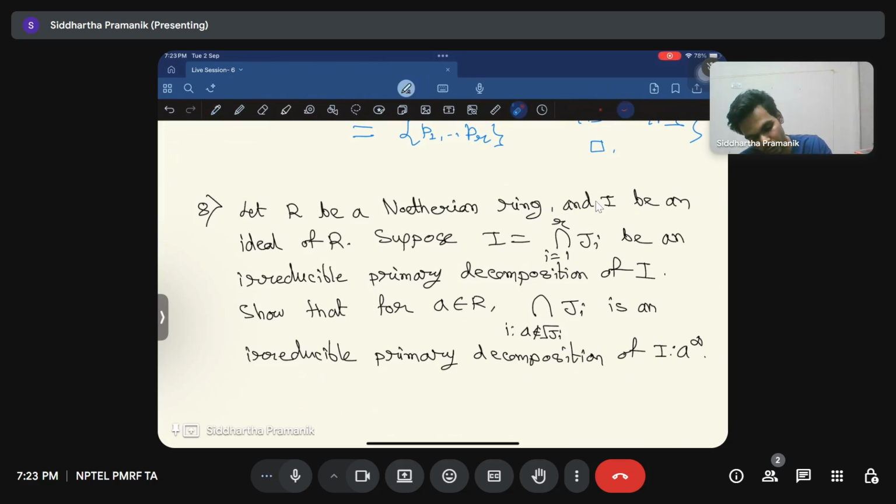So here you have an ideal I with its irreducible primary decomposition. Then for any arbitrary element of the ring, if you take the saturation, you can find the irreducible primary decomposition of the saturation from the irreducible primary decomposition of the ideal I. So let's prove this.